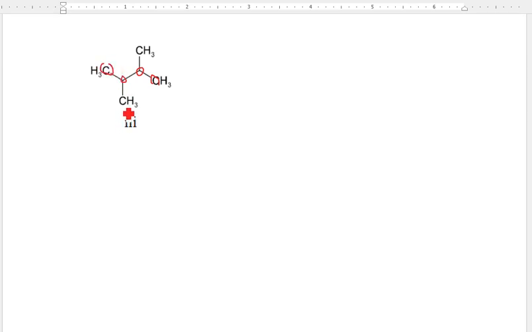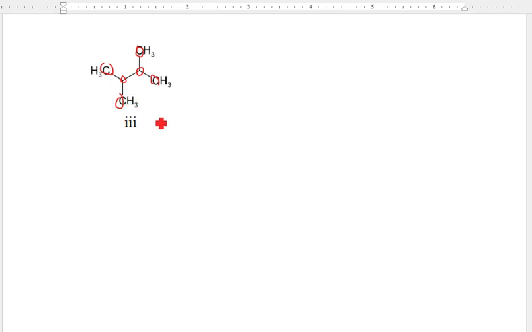So for this one, we can consider going either this route I've shown, or we can go this route down here. You discover that either way we go, we are still going to have 4 carbons.